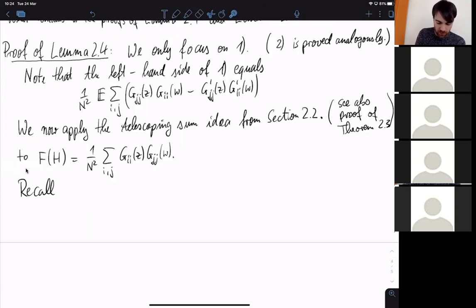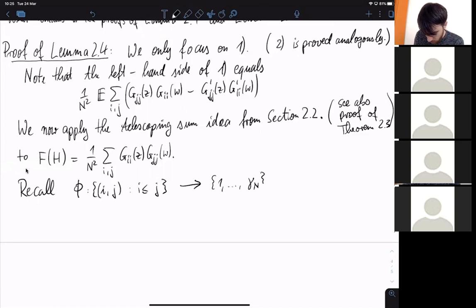Last time, for that purpose, we already introduced a function phi which maps pairs of indices i, j with i smaller than j bijectively to the set 1 up to gamma n, where gamma n is the number of independent entries in a Wigner matrix.